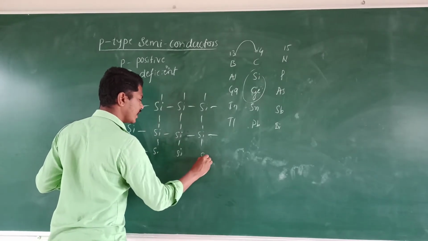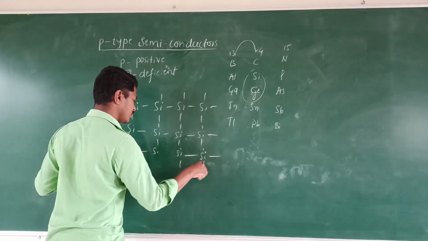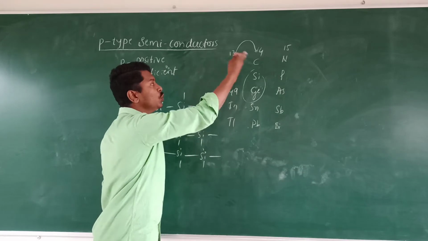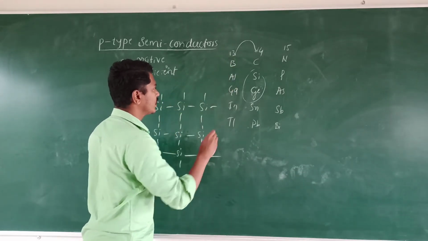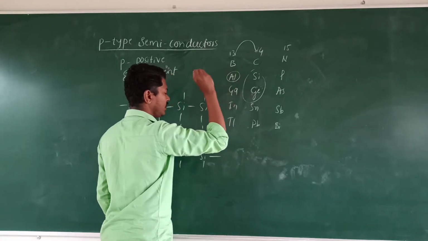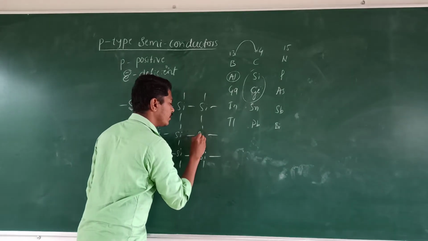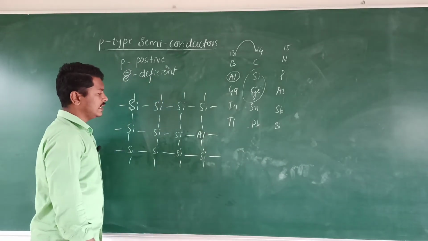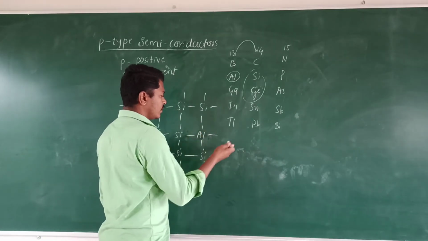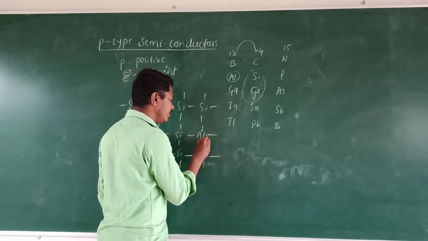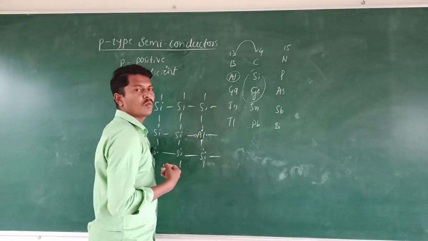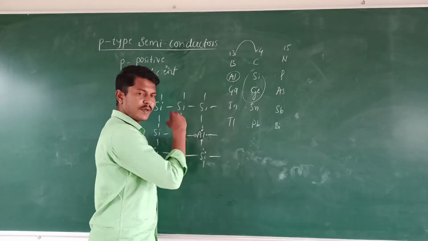Now when we do doping to the silicon, I am taking aluminum here. Doping of aluminum to silicon, which has 4 valency. After doping, aluminum having 3 electrons in its valence, some space is vacant.